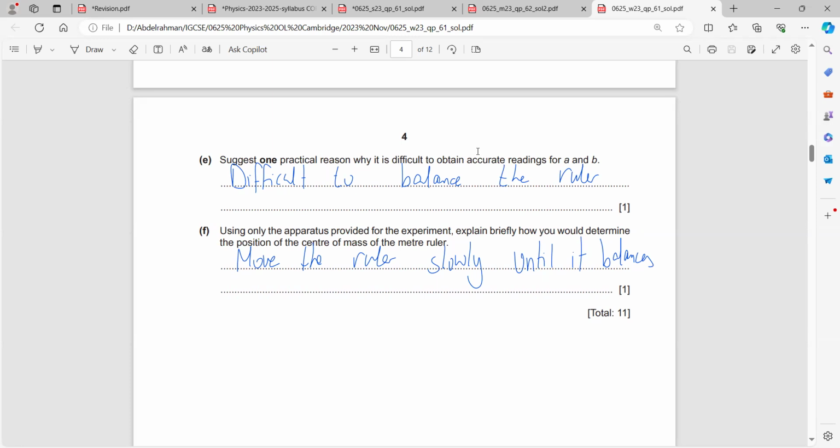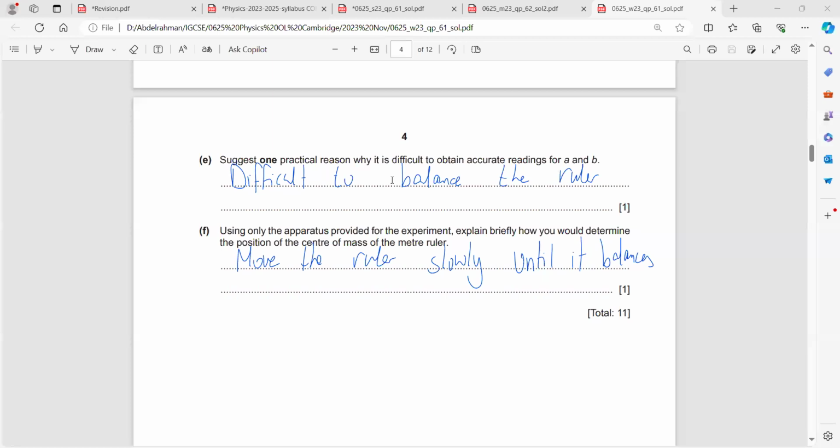If you have a ruler on a pivot, it would be difficult to balance this ruler. It would be even more difficult if you add masses on either side. So there is an error, or there is some difficulty in actually balancing the ruler on the pivot.